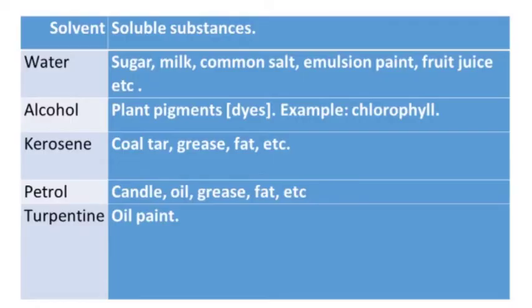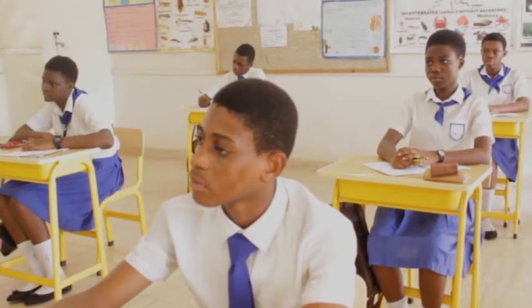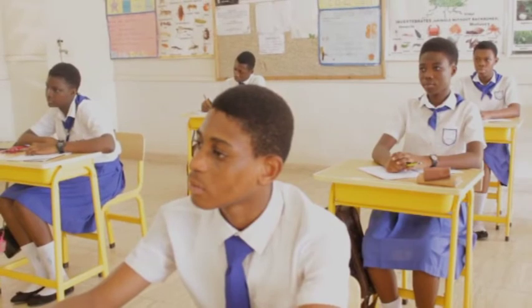We take alcohol. It can also dissolve plant pigments. So when you put a green leaf in alcohol, it will extract the green color. So alcohol can extract the green pigment from plants. Then we take kerosene.